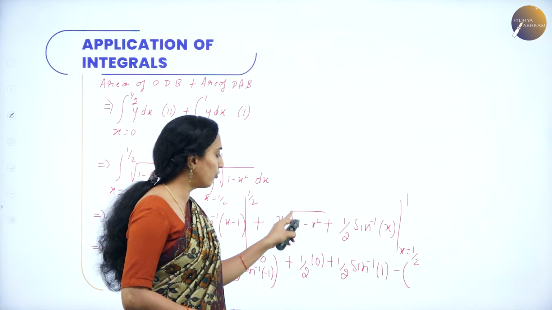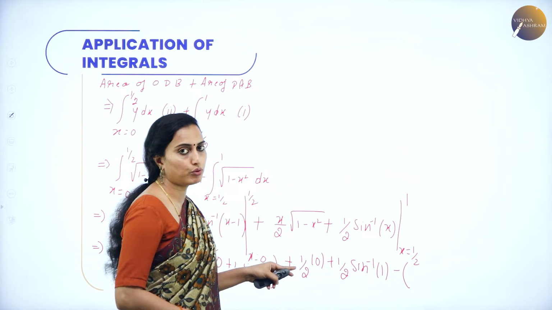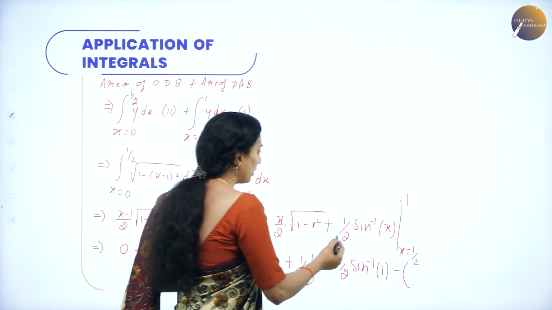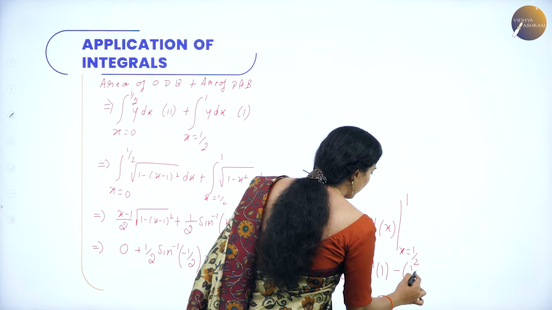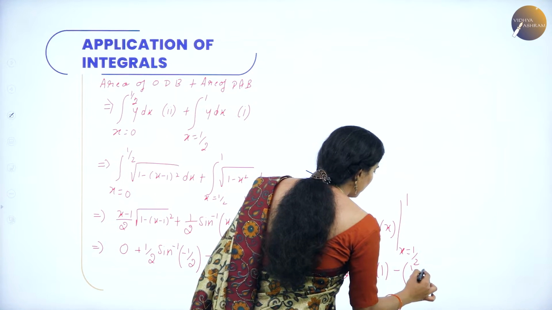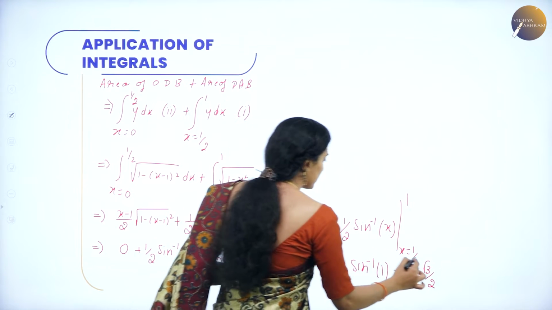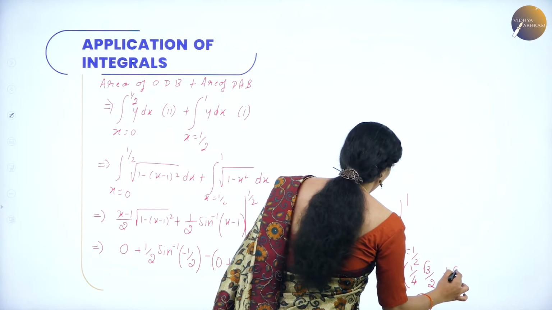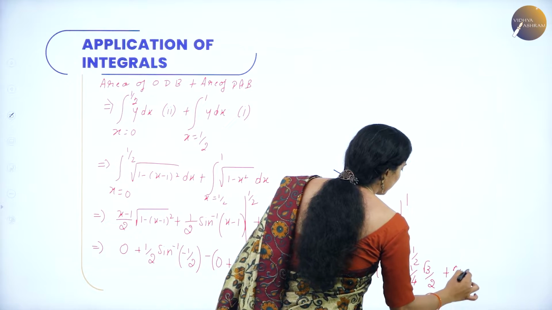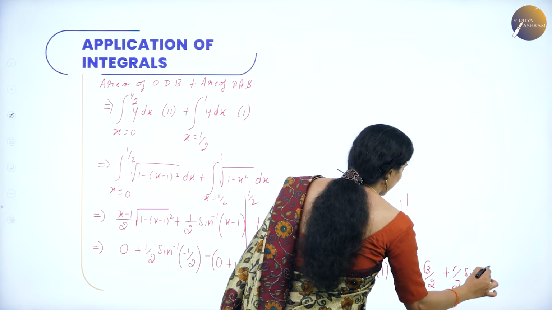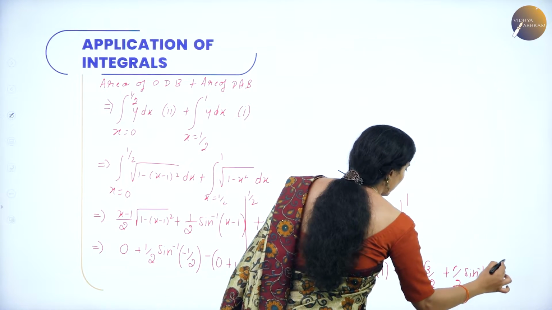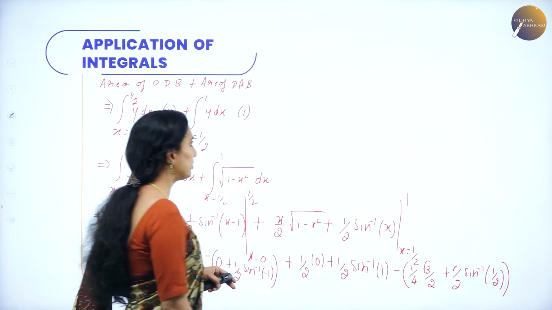So it will become 4 minus 1, which is 3 by 4, root 3 by 2. So you can have 1 by 4 into root 3 by 2 plus half into sine inverse of 1 by 2. Now applying the lower limit is also over.